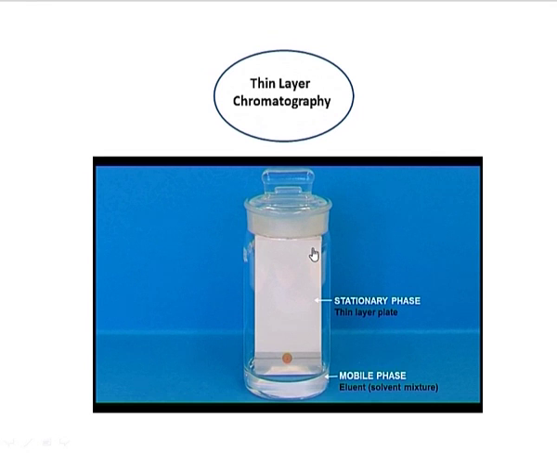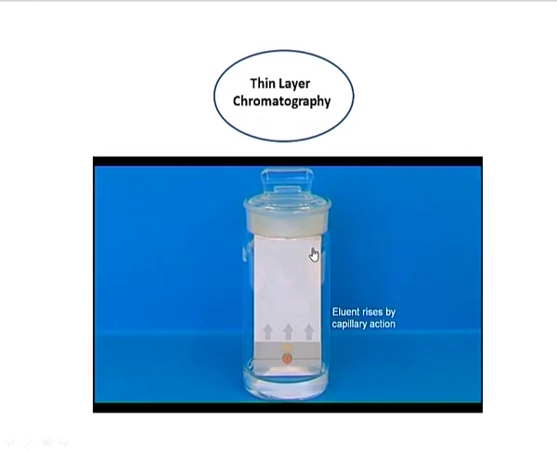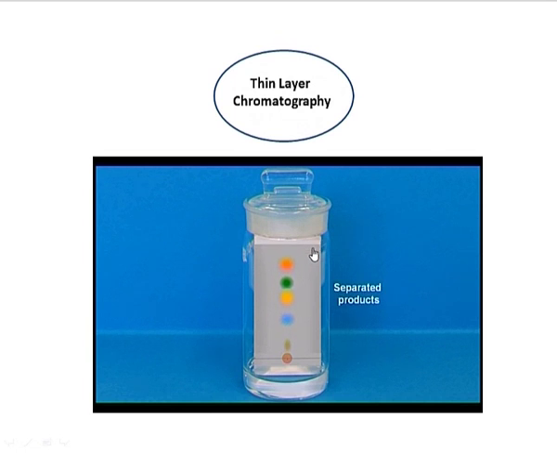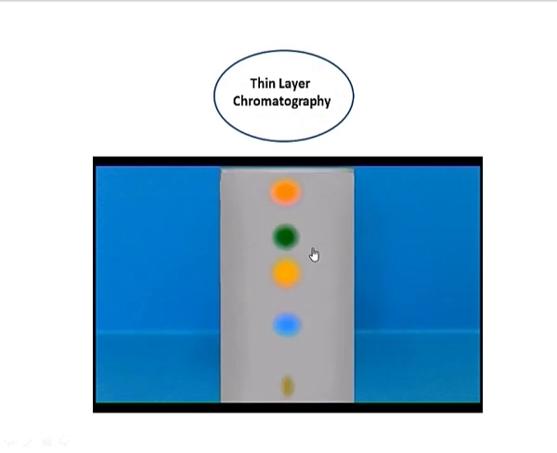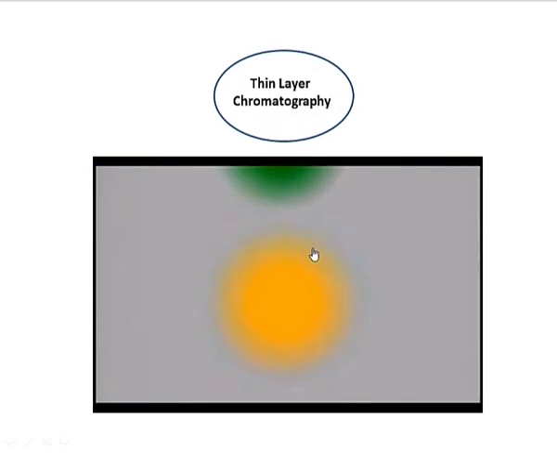As the mobile phase gradually starts to rise, solute particles start to move, but their speed varies depending upon their differential interaction with the stationary phase. By the time the solvent moves up, all the solute molecules have been separated, and here we get the solute particle we wanted in the beginning.